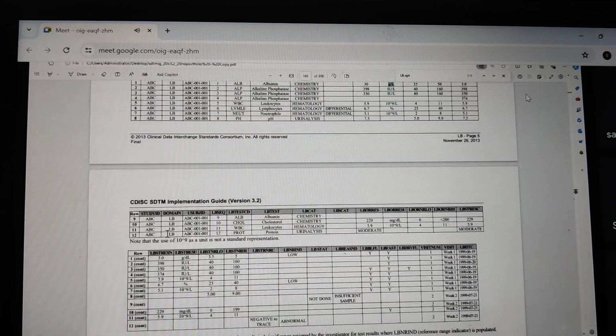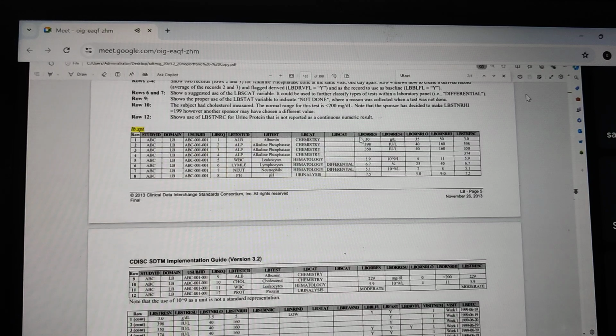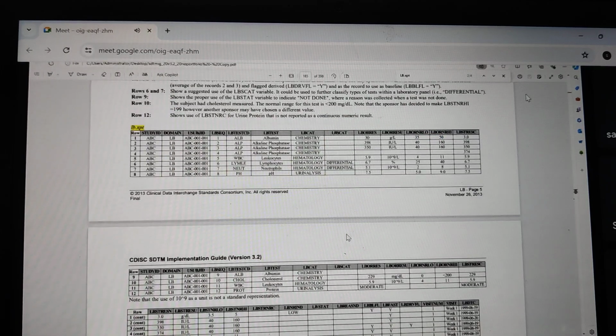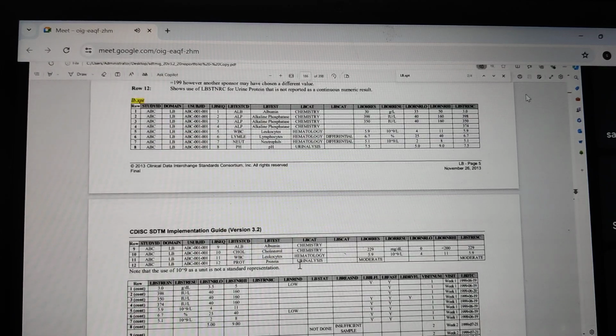So now the standard result is 3.5 to 5. Reference range indicator, low and high values. If you can see this LBNRIND, the value is low. Why? Because 30 is the particular result, but the range is 35 to 50, so this is below 35. So that's why this is low. Yeah, tell me.